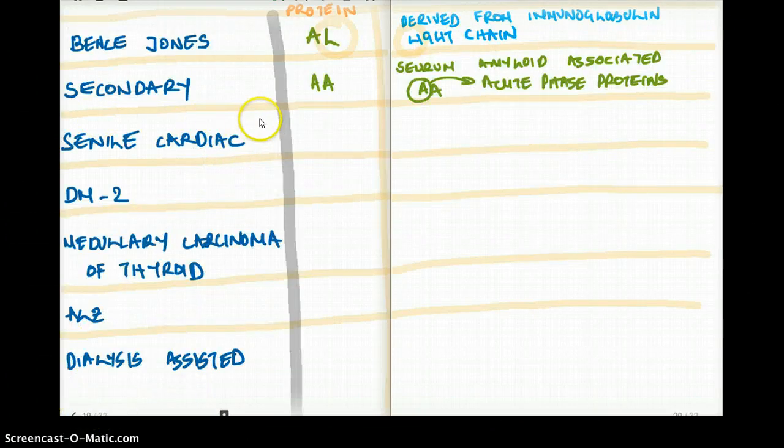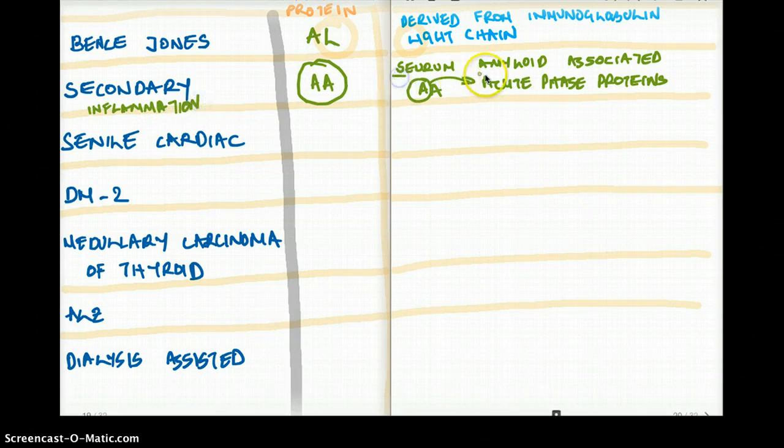Now the next one that we will be talking about is secondary amyloidosis. Secondary amyloidosis has deposition of AA proteins, and they are serum amyloid associated. Okay, and usually we see secondary amyloidosis due to inflammatory process. So lots of inflammation causes secondary amyloidosis.